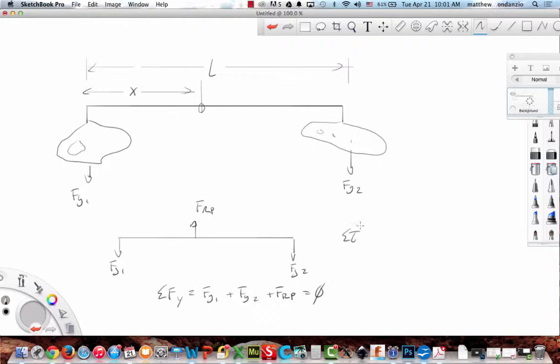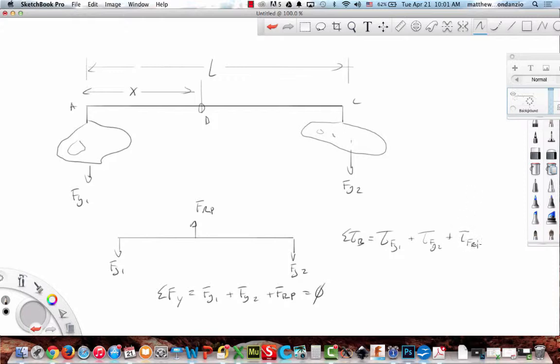If I were to draw the sum, let's call these point A, point B, and point C. Let's do the sum of the torques around the physical balance point, which is point B. What are my torques? Torque generated from Fg1, plus the torque generated from Fg2, plus the torque generated from the rope.